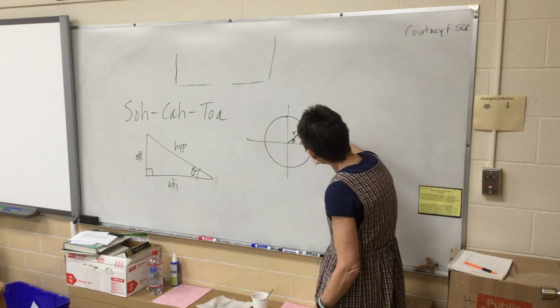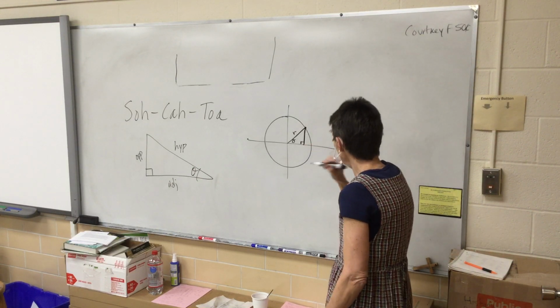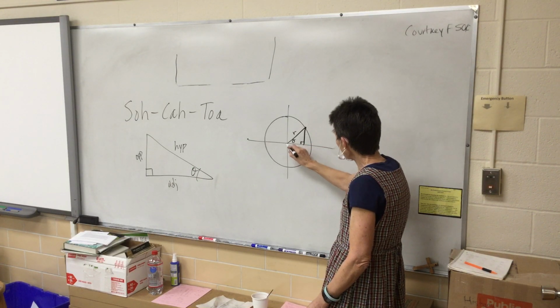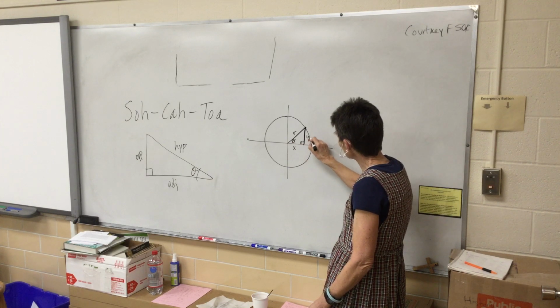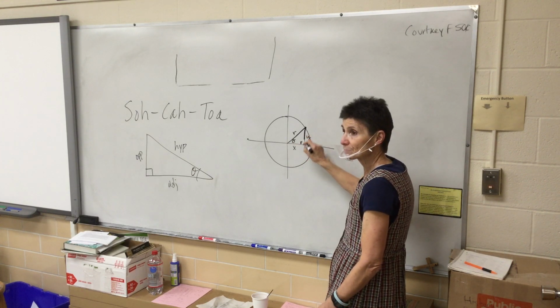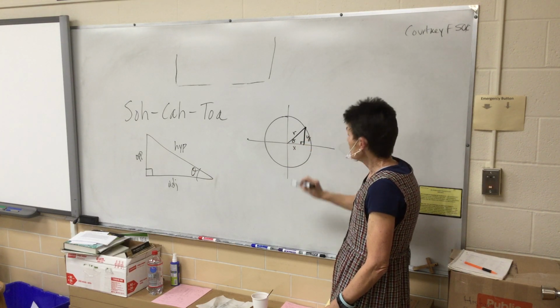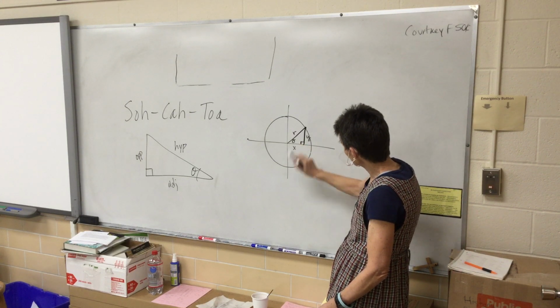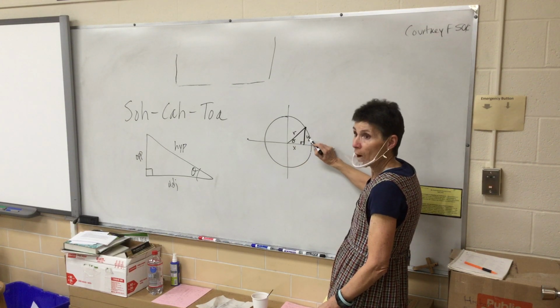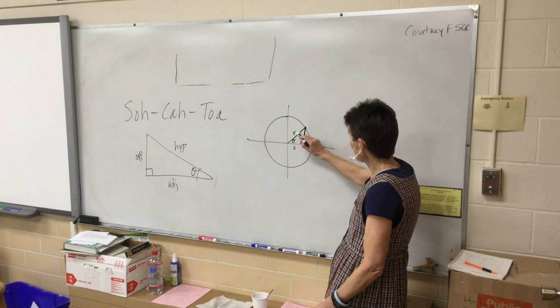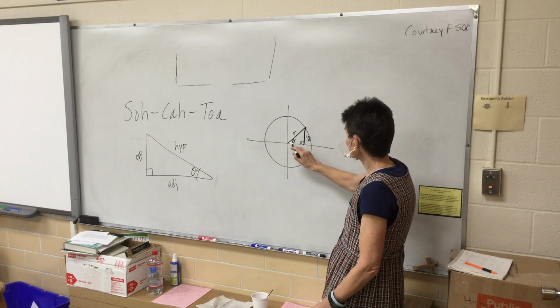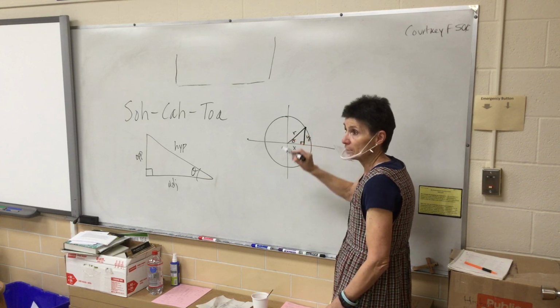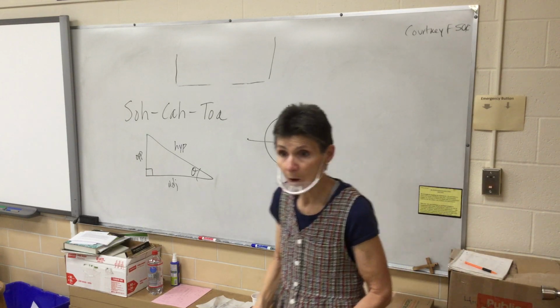And if I were going to plot this point, this side would be the x amount, and this side would be the y amount, right? So if I look at that triangle, the opposite side is y, and the hypotenuse is r. So the sine is y over r. Opposite over hypotenuse, y over r.